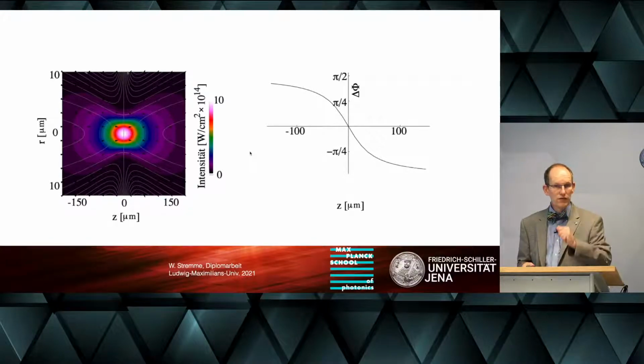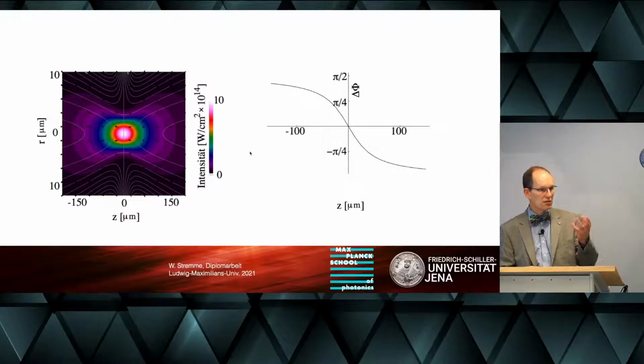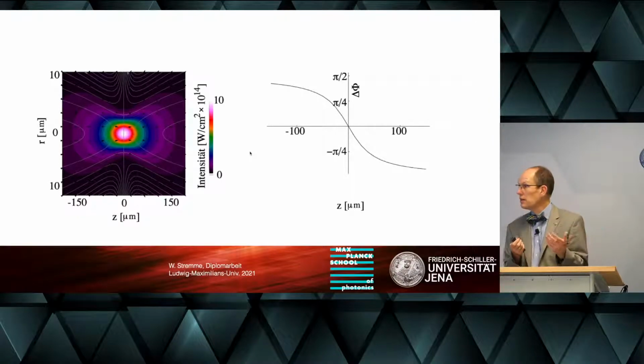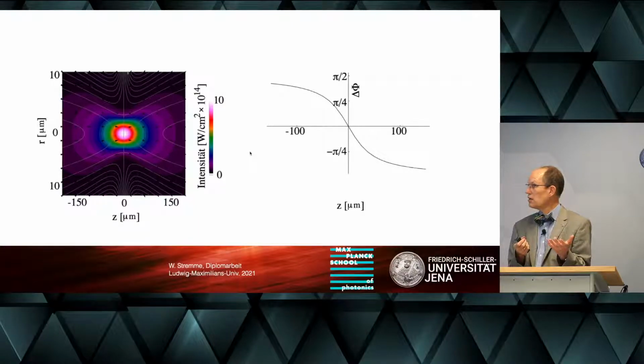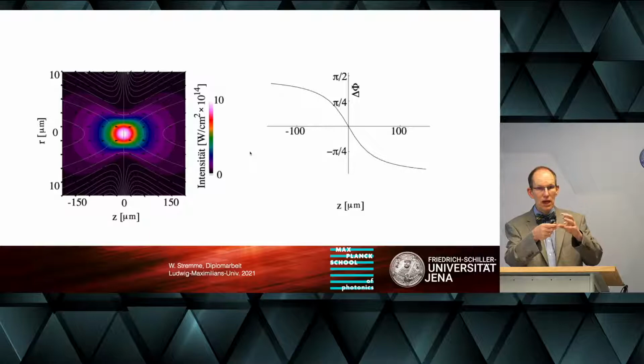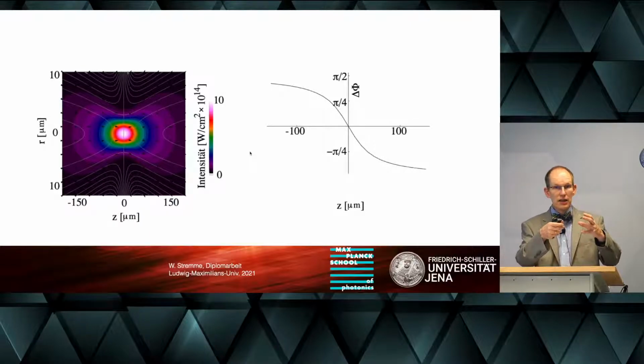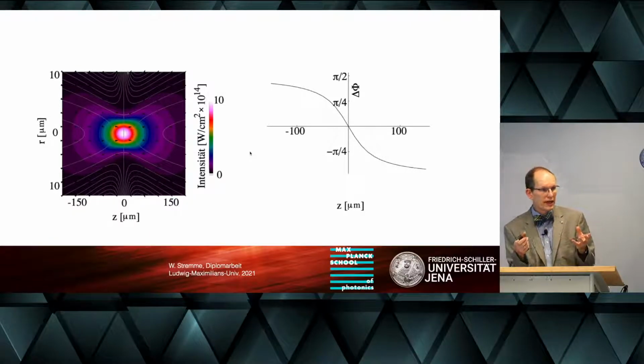And each of these frequencies is focused if you use a focusing element, and you need to use one. Each of them is focused in a different way. So the blue colors will have a smaller focus than the red colors. And now, of course, it depends on how the different colors are distributed in the laser beam.